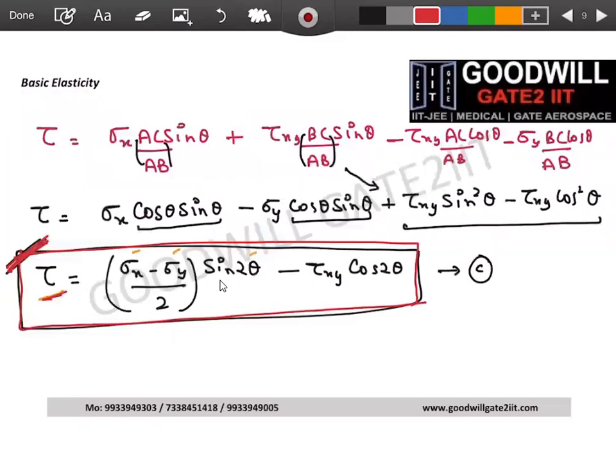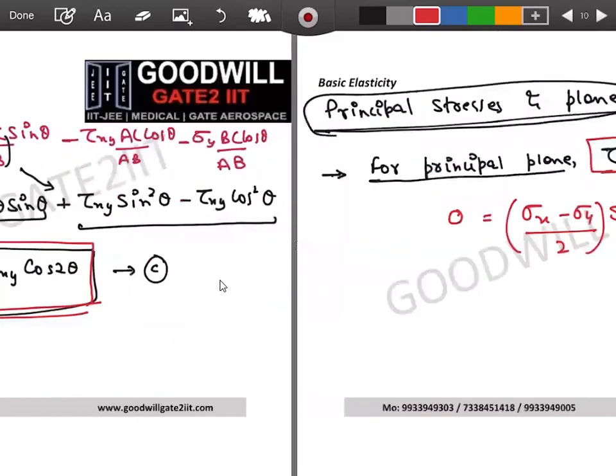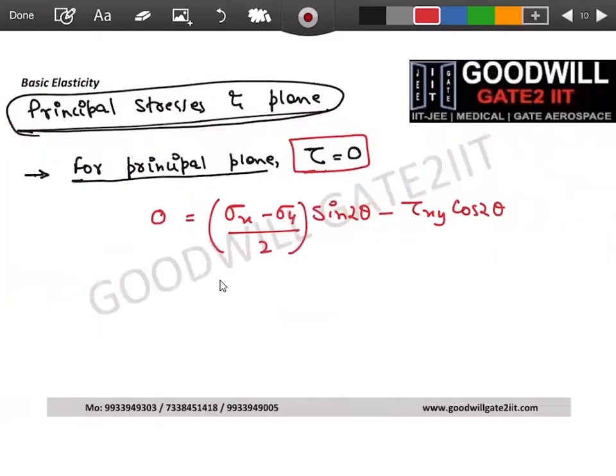I've simply taken this equation and equated it to 0. When you equate tau to 0, it means you have reached the principal plane. Now, if I solve this, it's very simple. I'll take this term to the other side. Sine 2 theta divided by cos 2 theta is tan 2 theta.